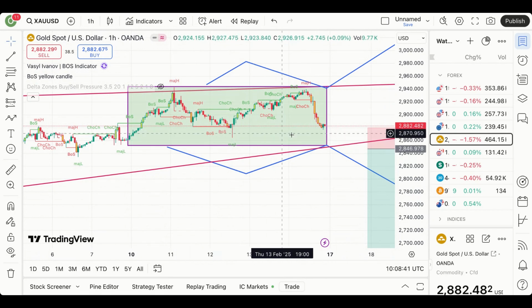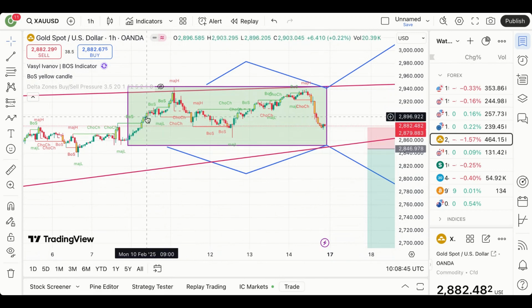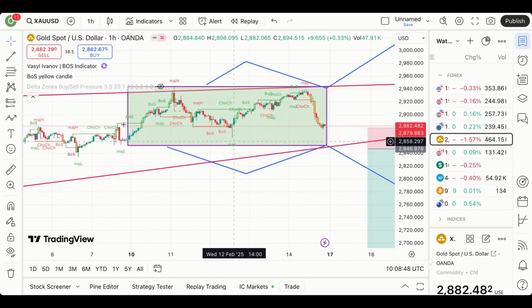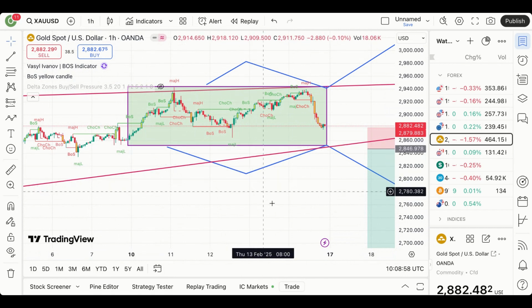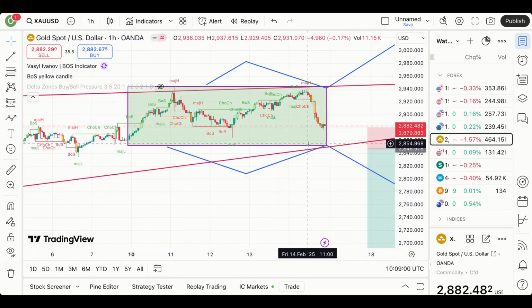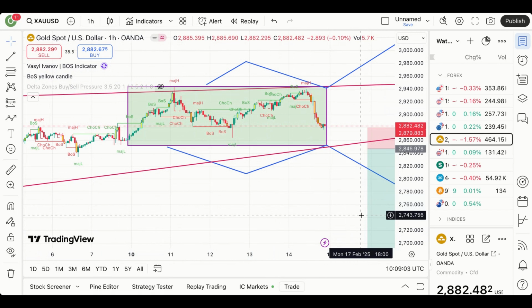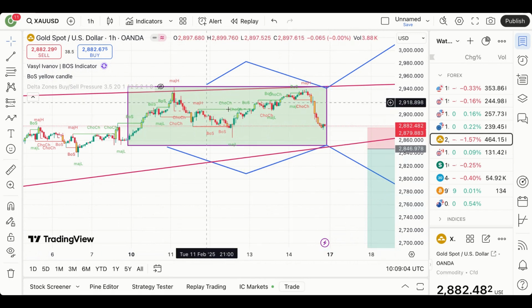Yes, the trend is going downside. But before we can confirm that, it has to break this end. So once it breaks this end, this trend line, this box down to downside, then look for a retest and look for your sell signal, and that is that for gold.